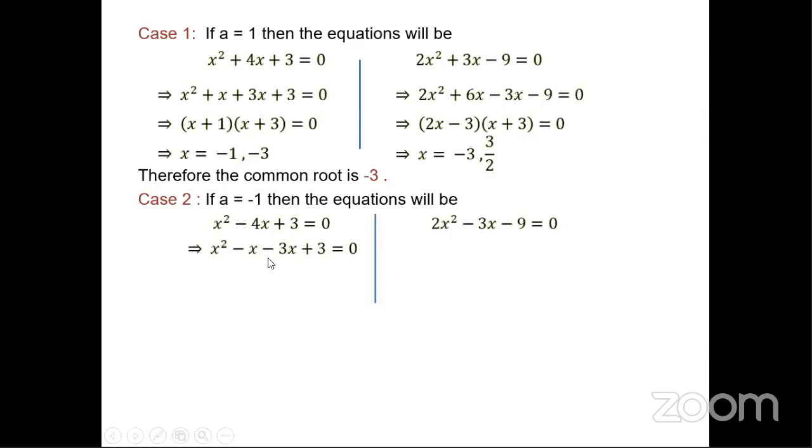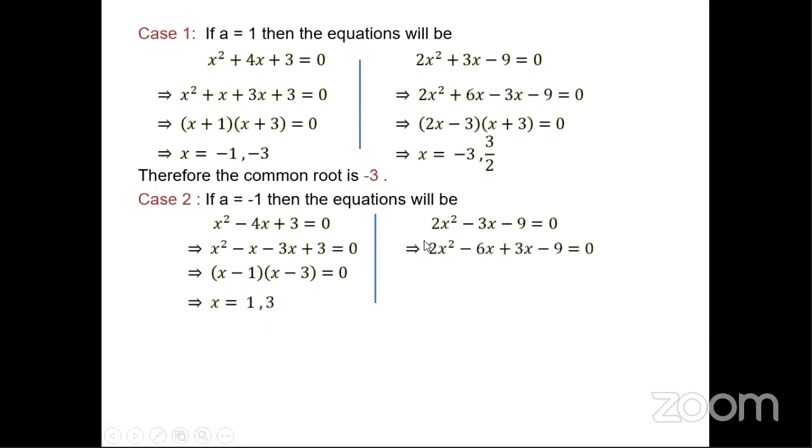This minus 4x, I am writing as minus x minus 3x. What am I doing here? I am trying to factorize, isn't it? From the first two terms, I can take x common, and from these two terms, I can take minus 3 common. So the factors you are getting are x minus 1 and x minus 3 equal to 0. So the value of x will be 1 and 3.